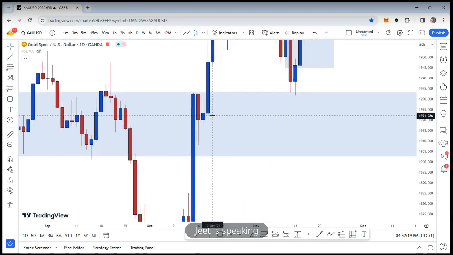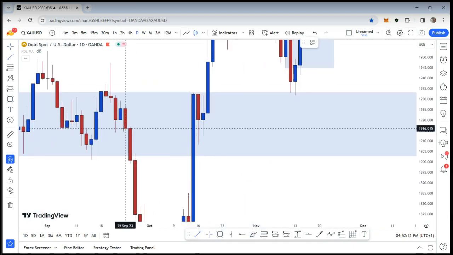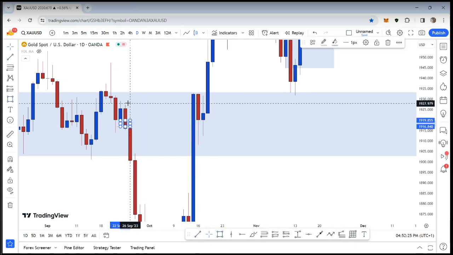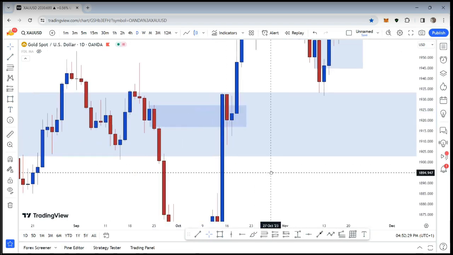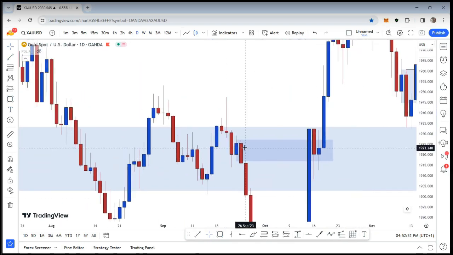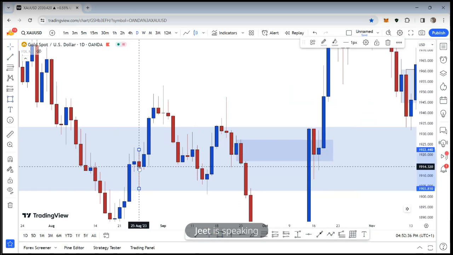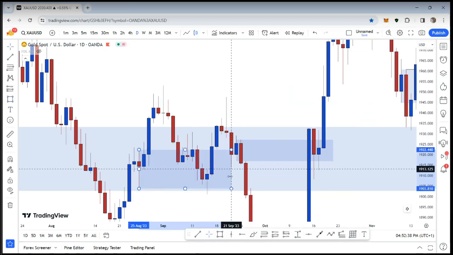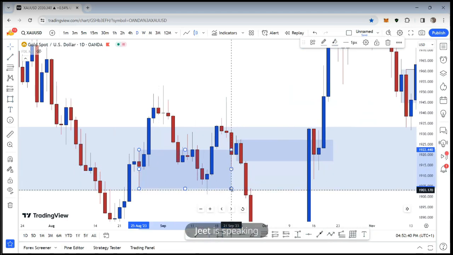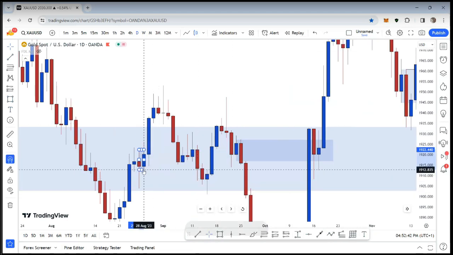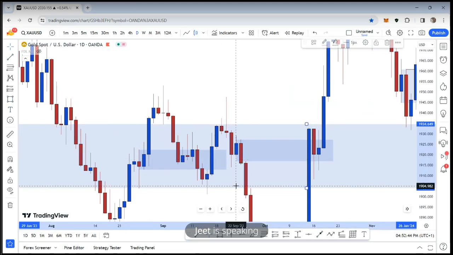This right here was an actual break of structure. Can you guys see that? Yes. You guys would have considered this to be like price is still inside the zone, but that's false. This right here was an actual break of structure.